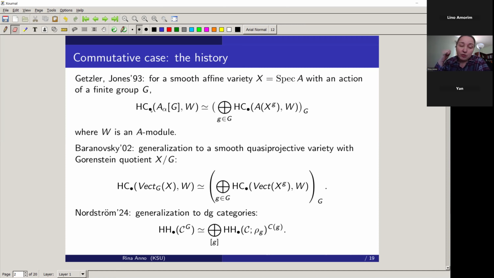It was done by Baranovsky, and it is cyclic homology of the category of G equivariant vector bundles compared to the direct sum over the elements of G of cyclic homology of the category of vector bundles on the G invariant subvariety for every G. And note that we are also taking the coinvariants under the action of G here.